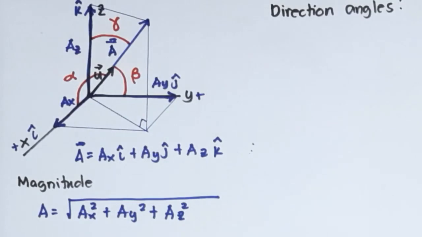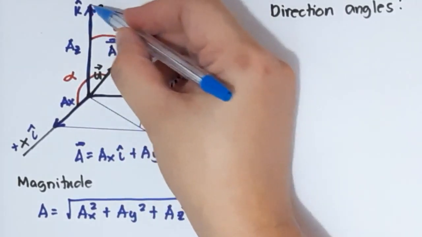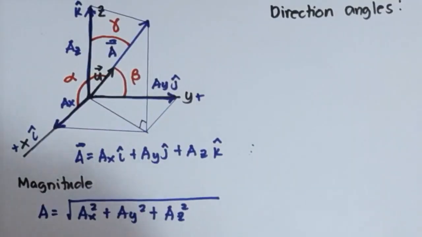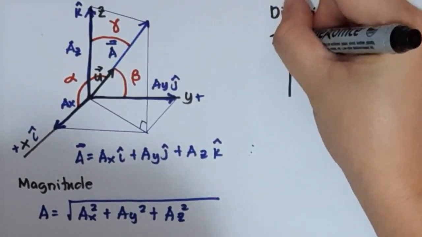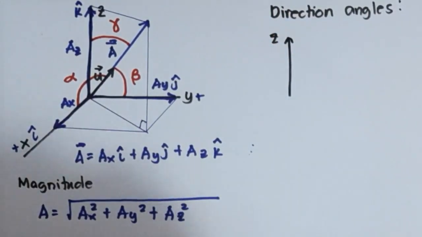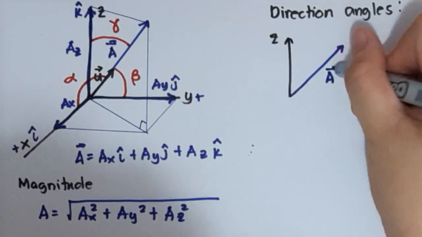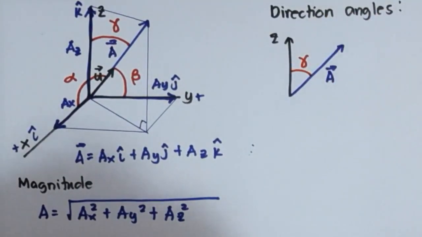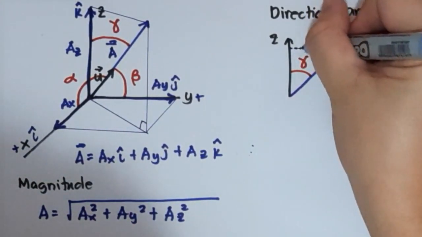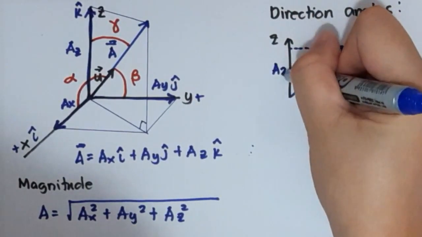The easiest to imagine is gamma. If we look here, this is the z-axis, and this will be my vector A, and this is my gamma. The component of A along z is az.